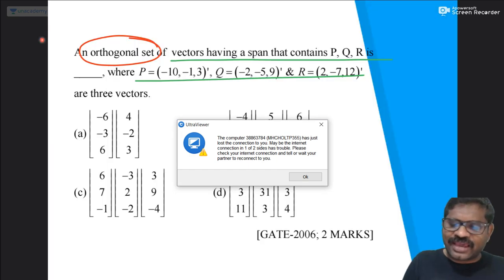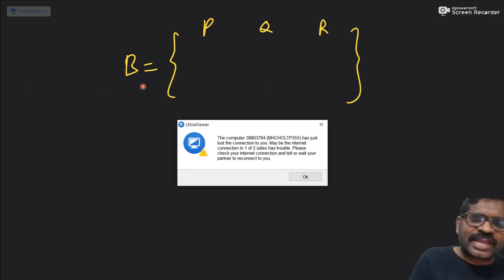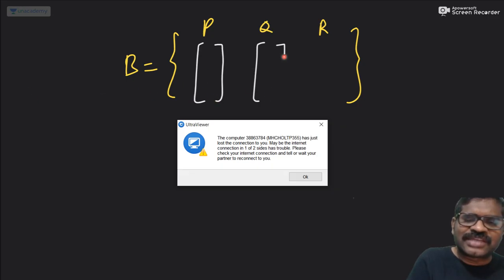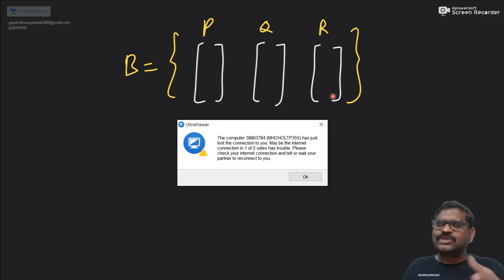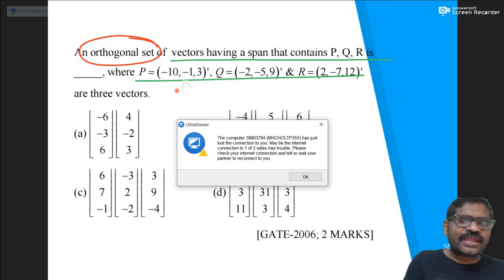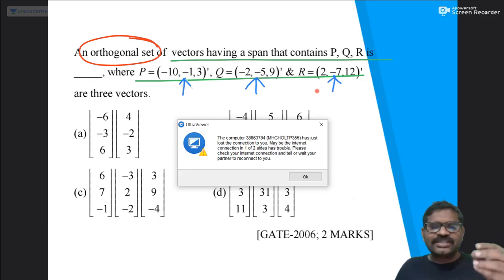Here P is one three-dimensional vector, Q is one three-dimensional vector, R is one three-dimensional vector. Those entries are given. Suppose there is a basis which contains three vectors PQR.